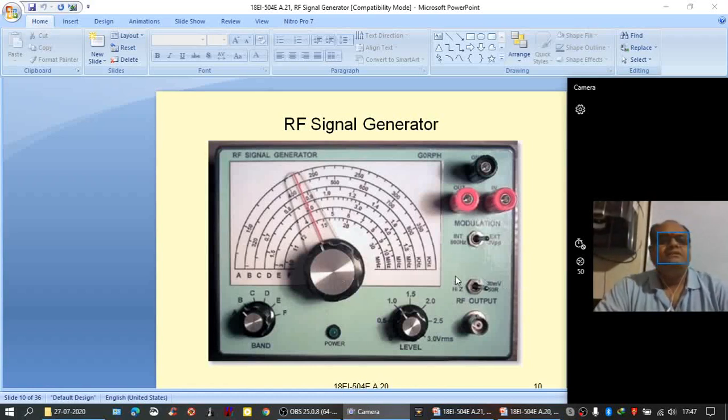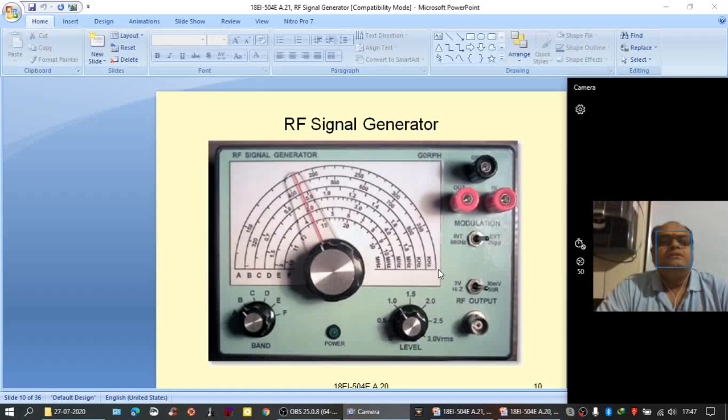That is because the frequency is very much vulnerable to the distortion, and the frequency can be attenuated over a distance. So as such, audio frequency signals cannot be transmitted.